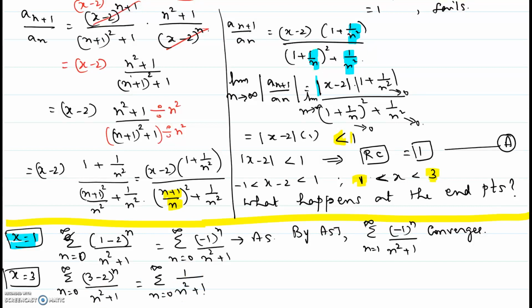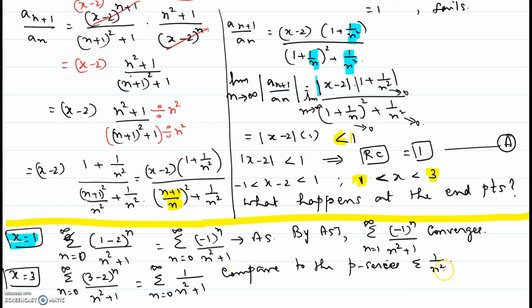So we can compare this to the p series, sigma 1 over n squared, and then we can take either the limit comparison test or the regular comparison test to show that the series is convergent.